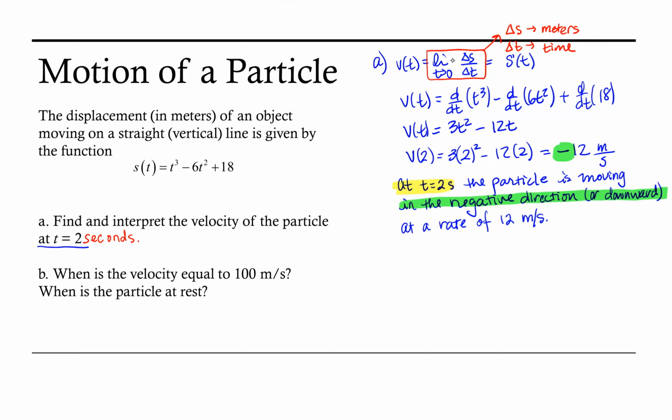And it's moving at a rate, and that rate is 12 meters per second. So our interpretation is at t equals 2 seconds, the particle is moving downward at a rate of 12 meters per second.